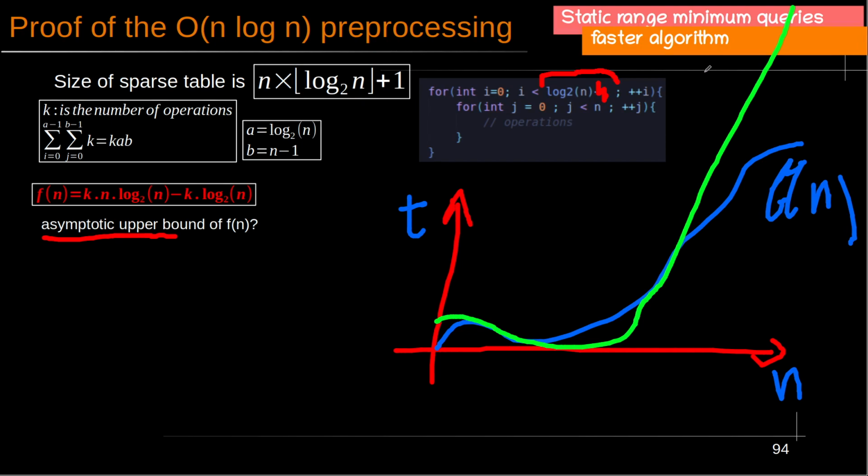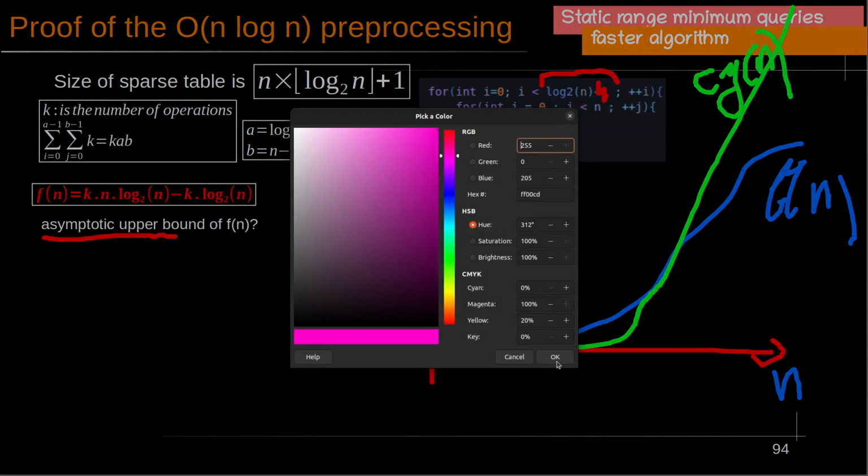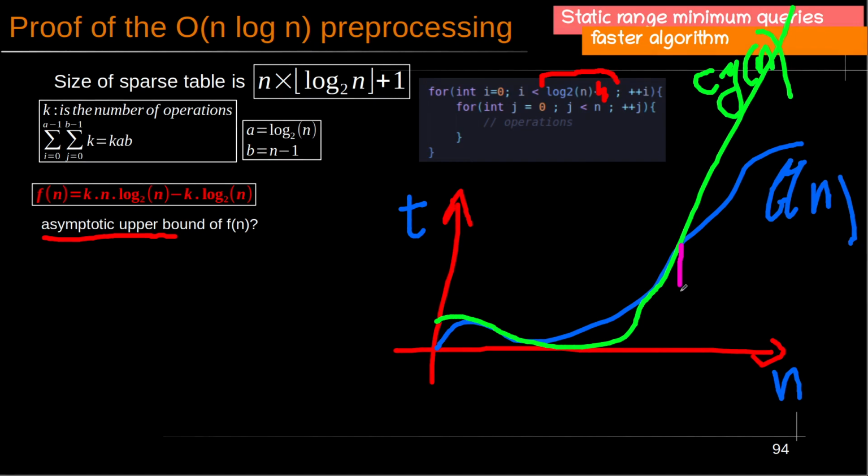Asymptotic upper bound is a function c times gn. What is c? What is gn? We're going to see this later. But here, as you see, from an integer n, let's call it n0 here, c times gn is greater than fn, or fn is less or equal than c times gn from this point.